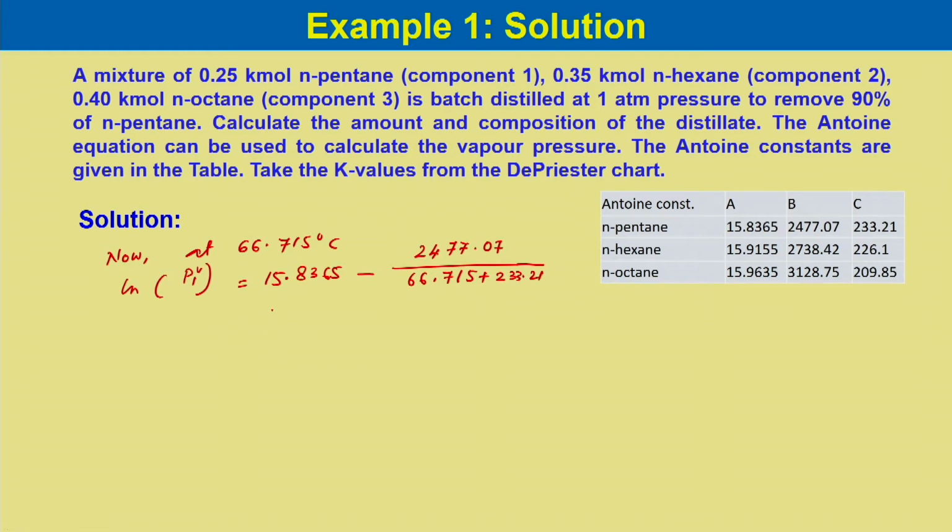So, P1V would be about 1953.8 millimeter Hg, which is about 2.6 bar.